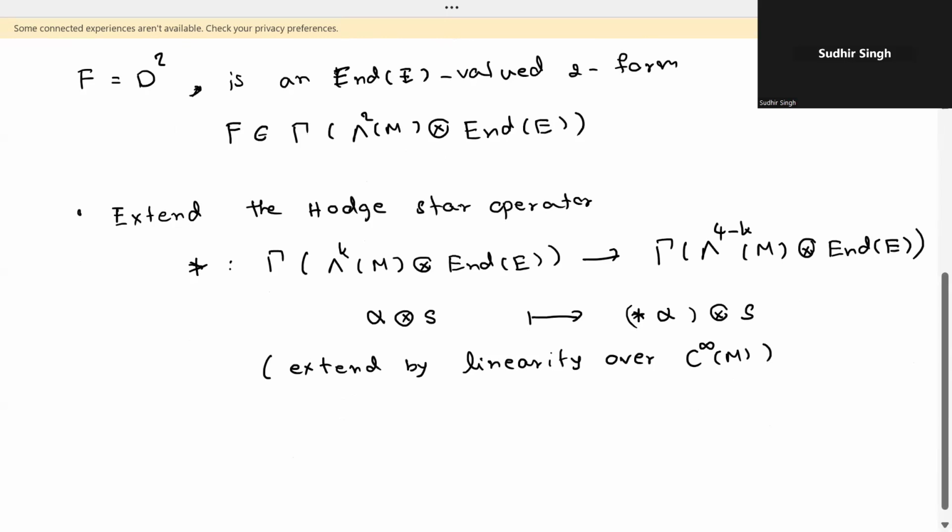Now, locally, the formula for the Hodge star operator of the curvature F will be the same as what we had for ordinary 2 forms on M. So let me just write that.